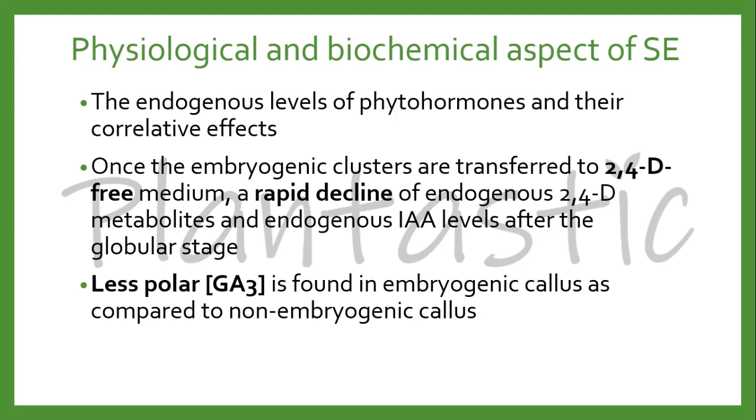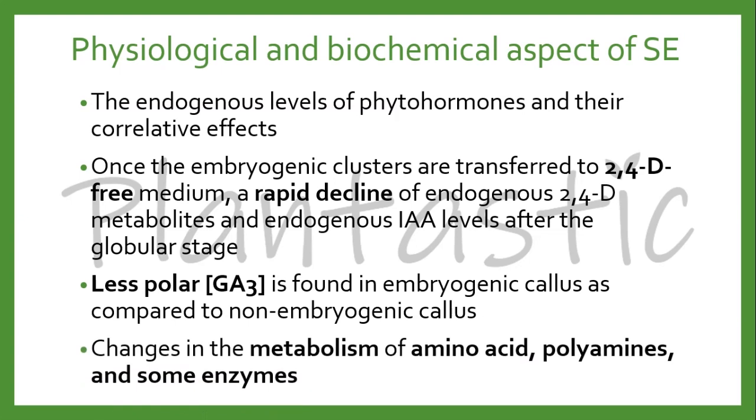Subsequently, gibberellin and abscisic acid will be applied because a lower concentration of gibberellin is found in the embryogenic callus as compared to non-embryogenic callus. Therefore, it was found that there are some changes in the metabolism of amino acids, polyamines, and some enzymes.